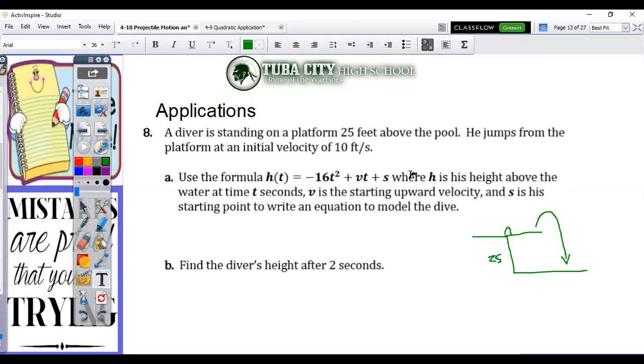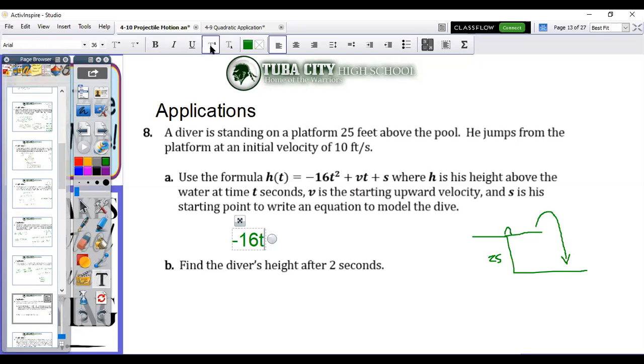Use the formula. Again, this is gravity, velocity, and height, starting height. So that's why it says S there. And it gives us the stuff we already know. Velocity, time, and the starting height. Write an equation to model the dive. Well, we account for gravity.